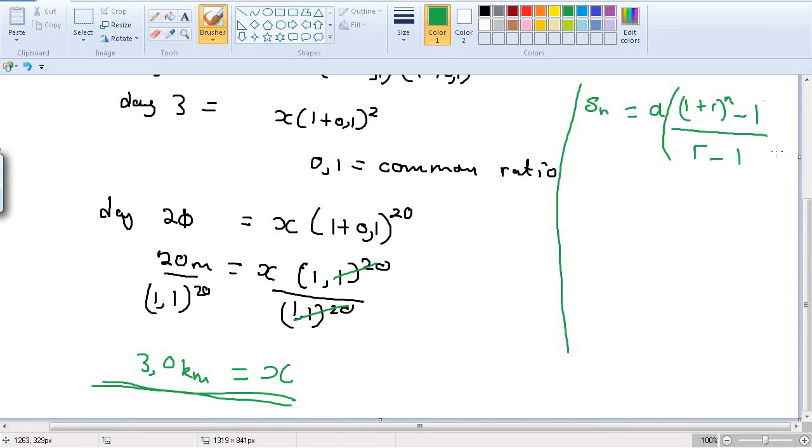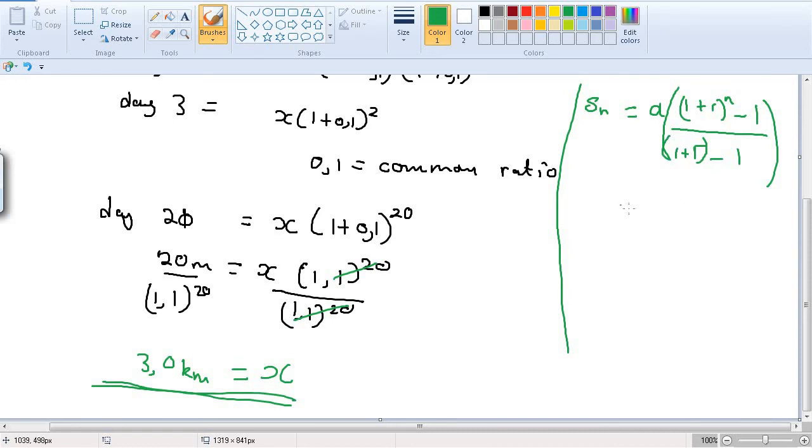Here a is multiplying this whole bracket, and we already know the value of our r.